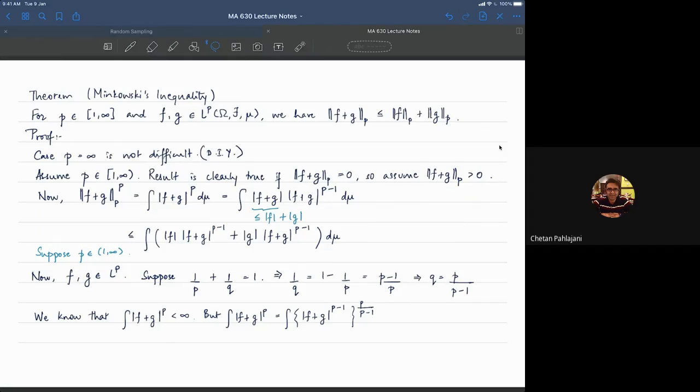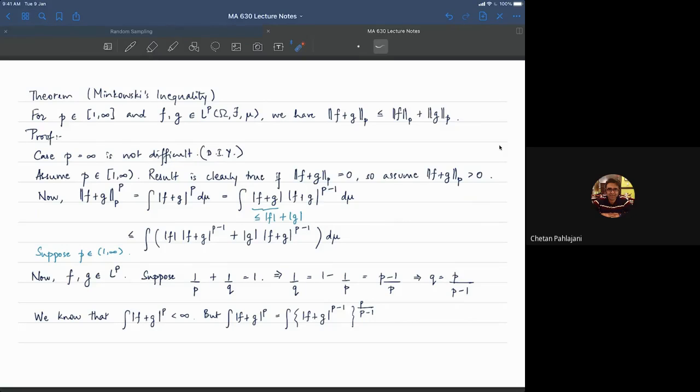Okay, let me put that there. All right. So these calculations are all okay. But now I'm going to start looking for this conjugate exponent q, right? So now here, let me suppose that p is in the open interval (1, infinity).